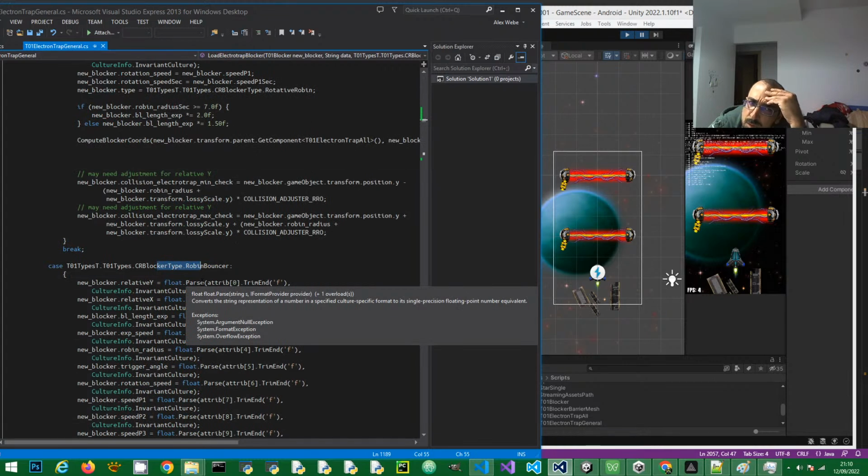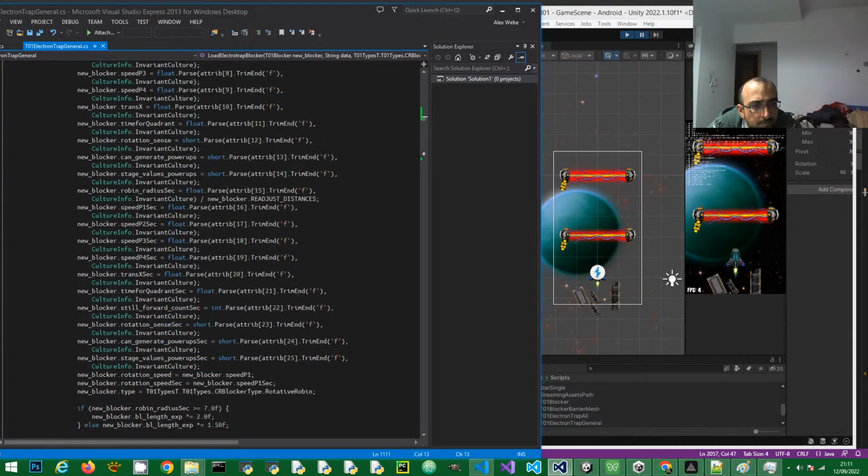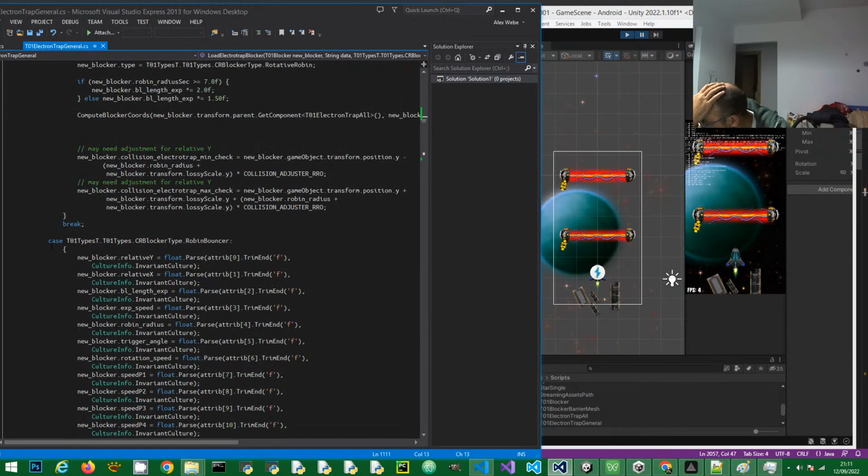A Robin bouncer. What does this do? I don't remember. Moves around on center. This one and point action, and this one a Robin bouncer.